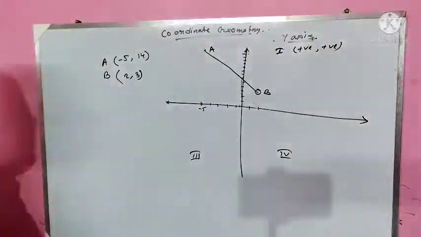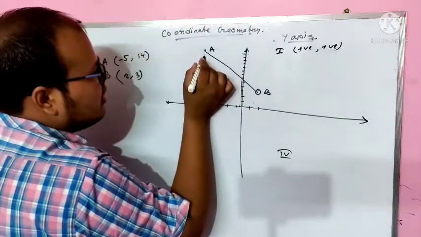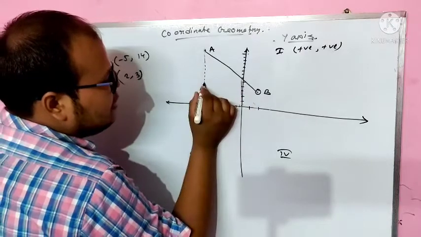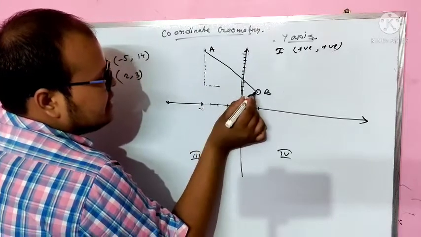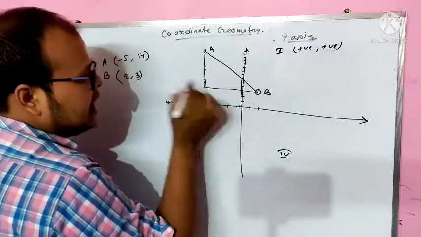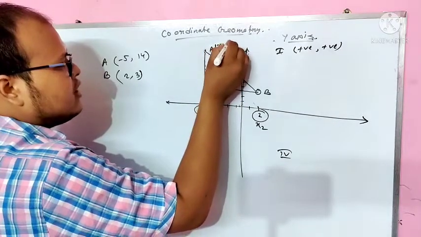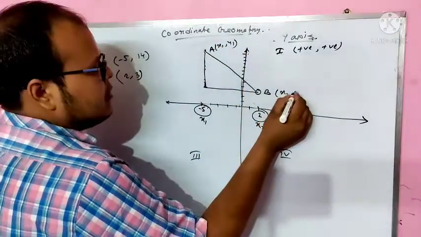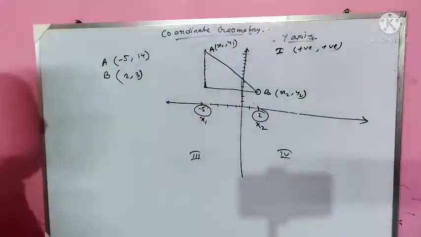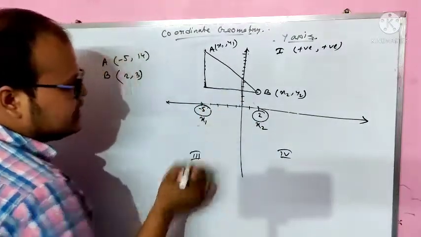What I will do is draw a base and perpendicular for the points A and B, and I will consider the distance AB as the hypotenuse of this right angle triangle. Now I'm taking the points as x1 comma y1 and x2 comma y2. The base will be given by x2 minus x1.